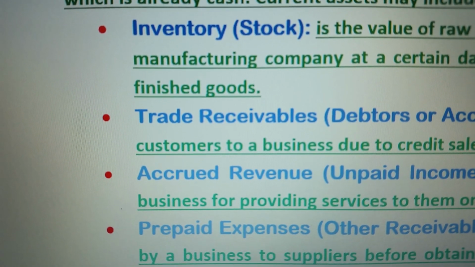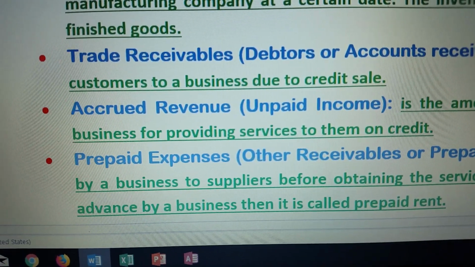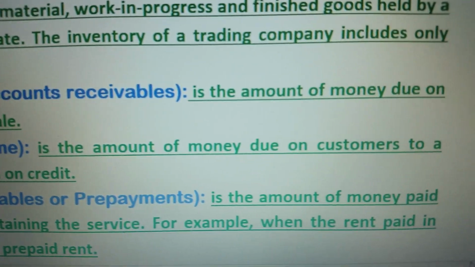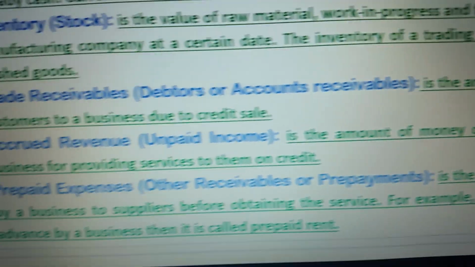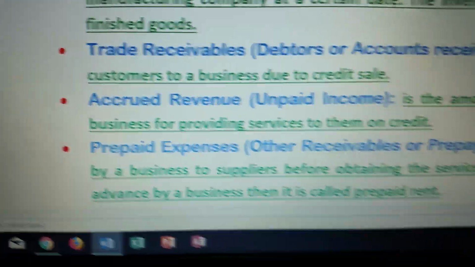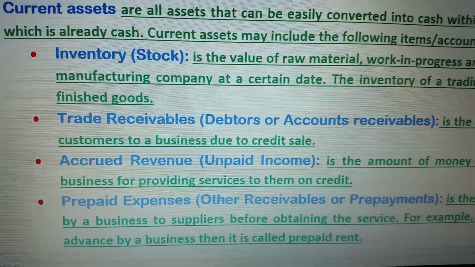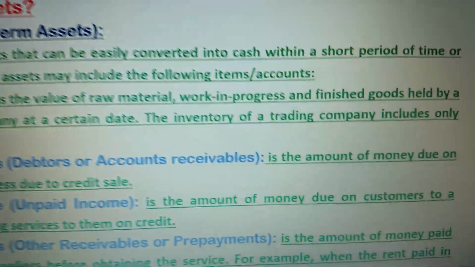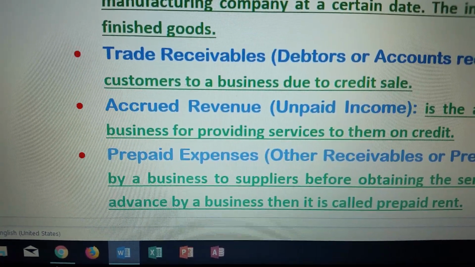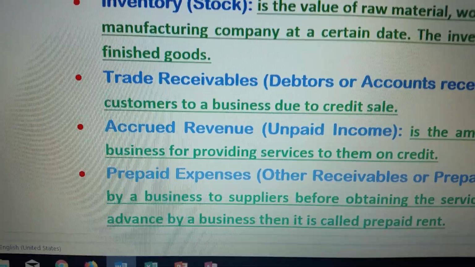But the difference between trade receivable and accrued revenue is that accrued revenue is the amount of money due from customers to a business from providing services to them on credit, while trade receivable is the amount of money due from customers to a business from selling goods or services on credit.